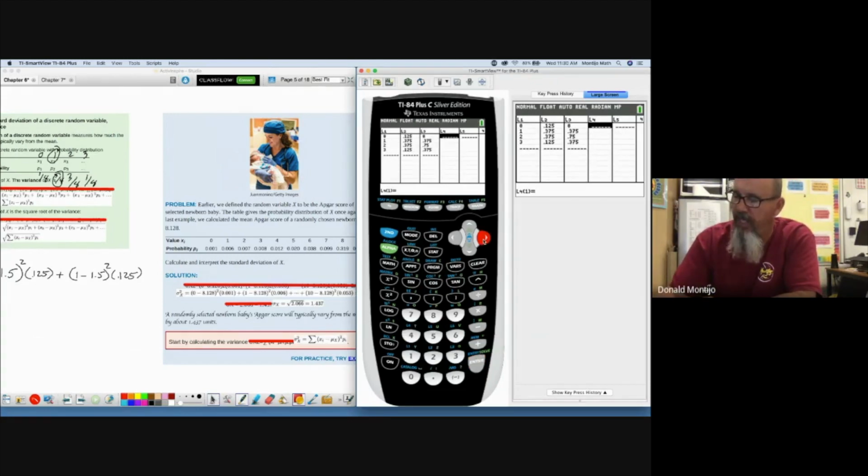To tell it what formula I would like it to do, I need to make sure that I have the heading highlighted. You can never put a formula in a cell. So I'm going to make L4 equal to each individual x, my x's were in list 1, minus the mean, which was 1.5, quantity squared, times the probability of each one.